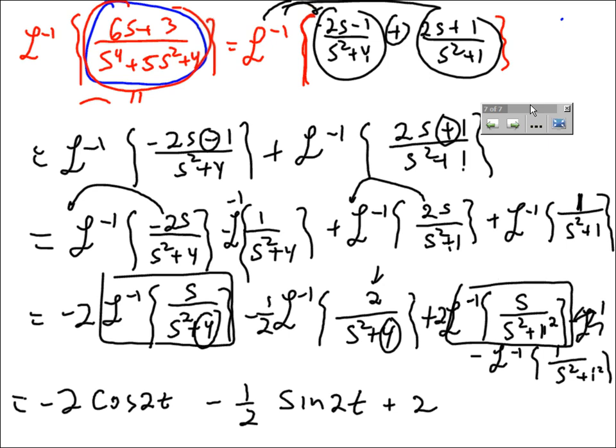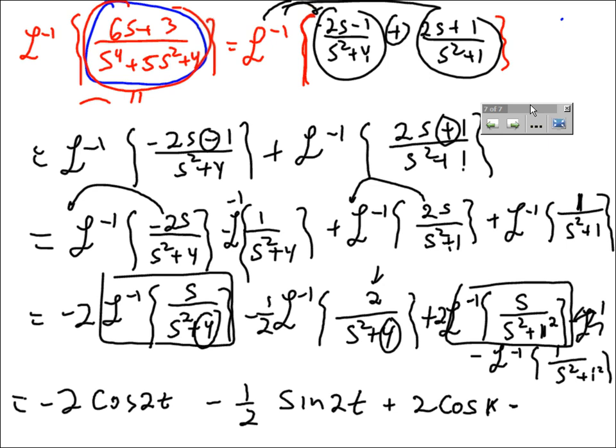Well, k is 1, and since it does have s on top, I go to the cosine function, the cosine of k, minus this bottom one.